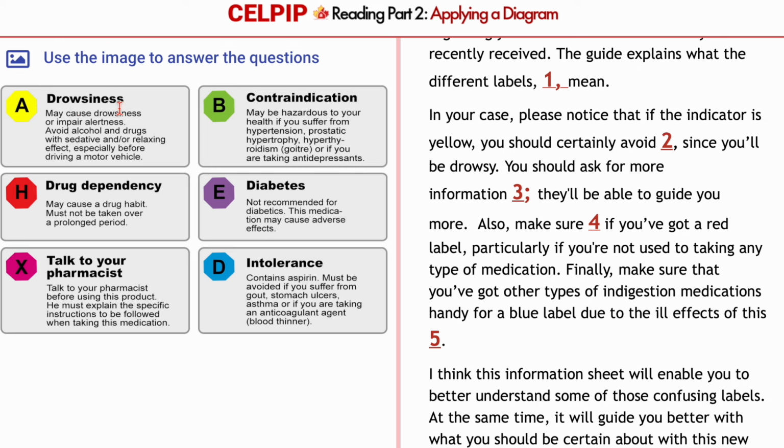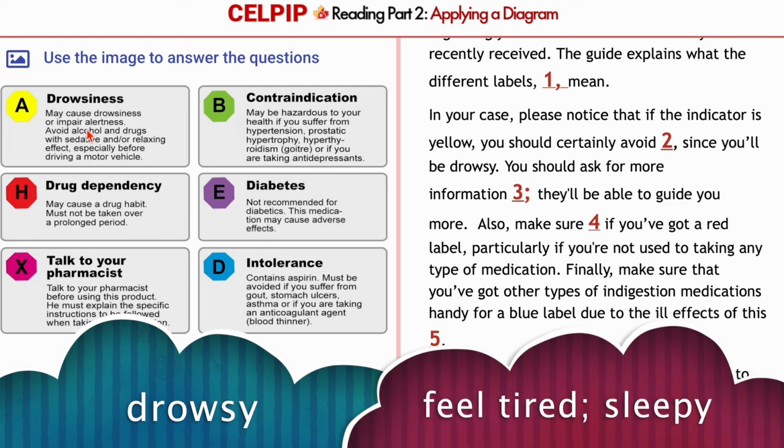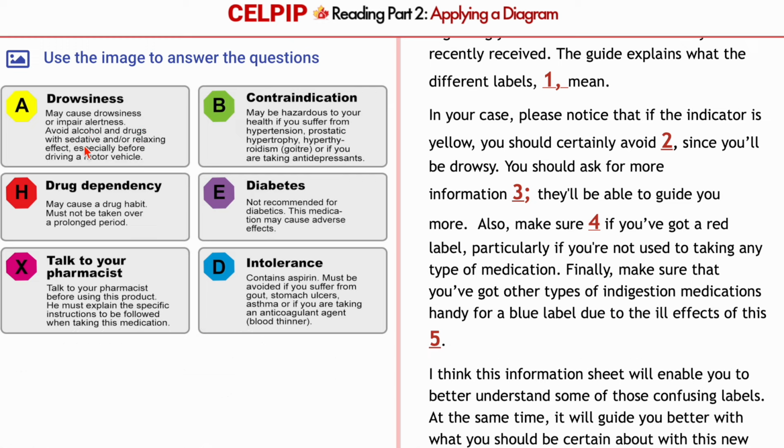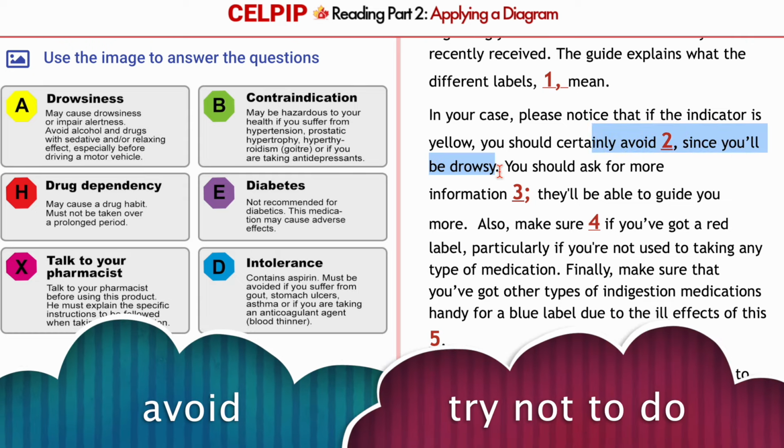May cause drowsiness or impair alertness. So drowsiness just means tired, or you may be sleepy. Avoid alcohol and drugs with sedative and or relaxing effect, especially before driving a motor vehicle. So when you're drowsy, you're kind of sleepy, okay? So avoid, not do this because you'll be drowsy. It's what it's trying to tell us.